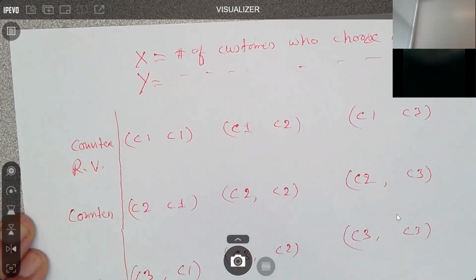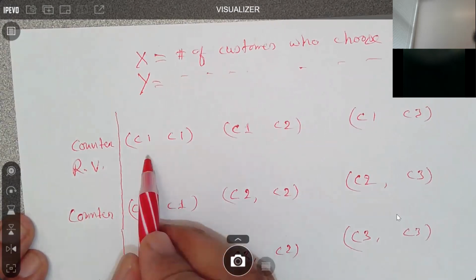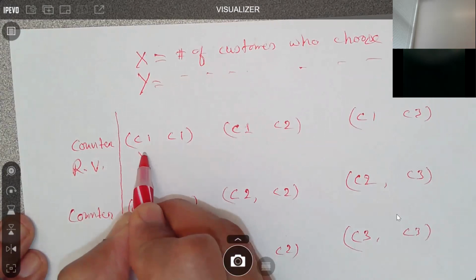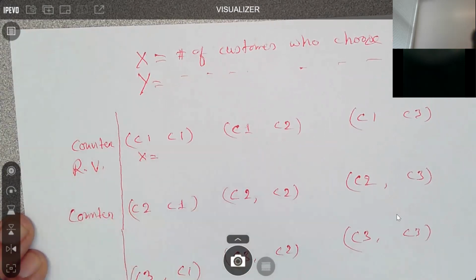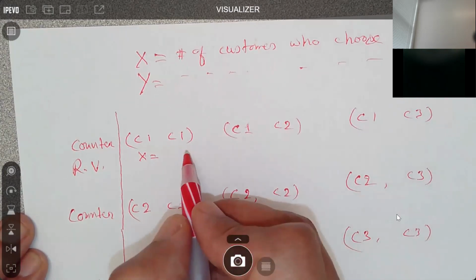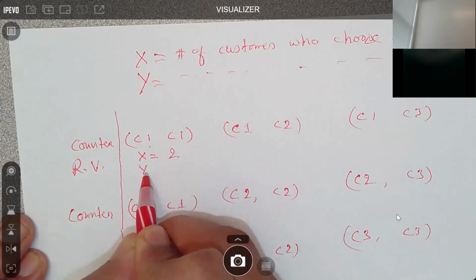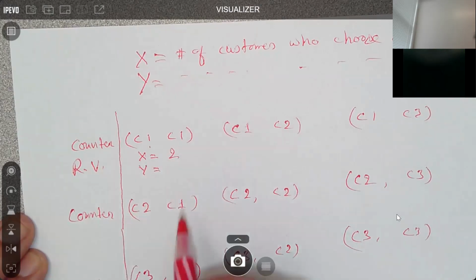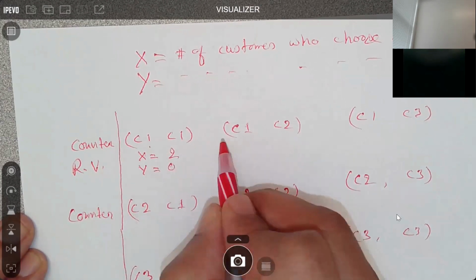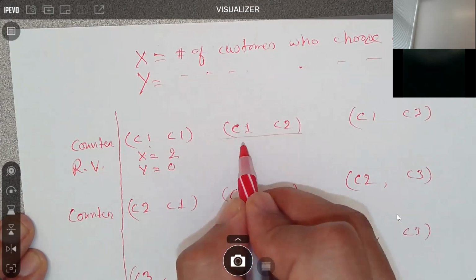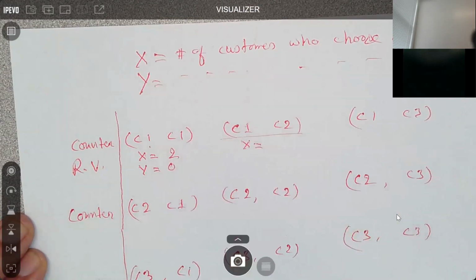Now, what is the value of X here? X equals 2, right? Because both choose counter 1. And what does the random variable Y take here? 0, right? Now in this sample space point, what does X take? 1.